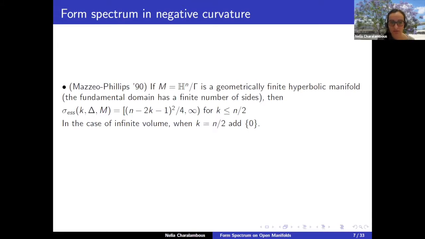I have the same interval. And in the case of infinite volume, again, I also have to add 0. But in this case, we could also have a discrete spectrum. We could also have some isolated eigenvalues of finite multiplicity.